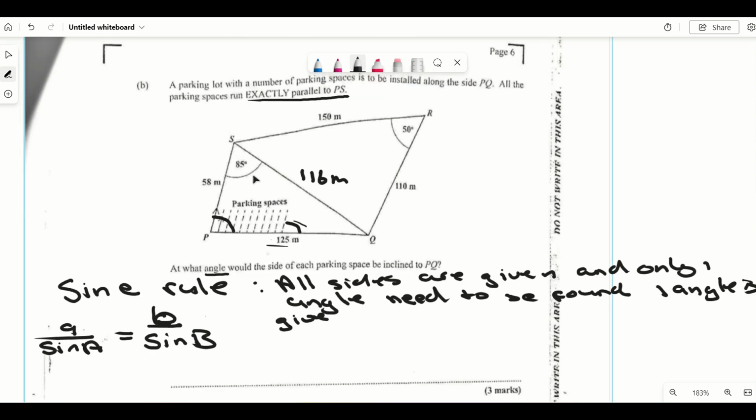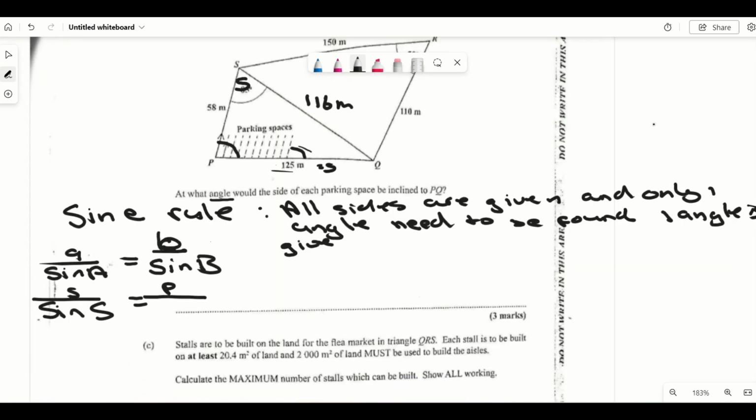So again, if this is angle S, remember capital S, then side S would be this. So it would be s over sine capital S is equal to, looking for P, so it will be p over the side that is opposite that angle is 116, so it would be sine capital P, which is QS.